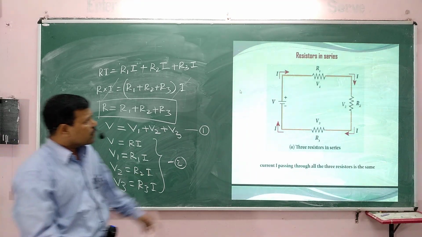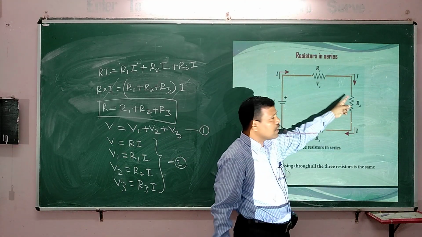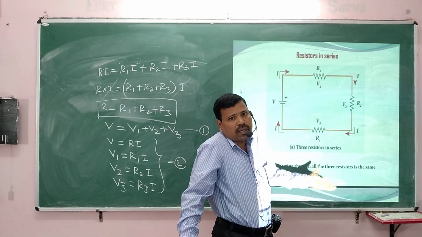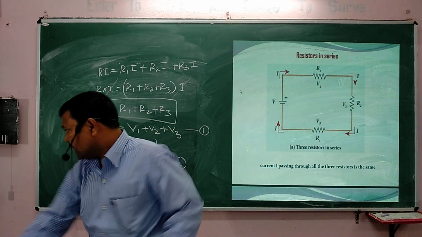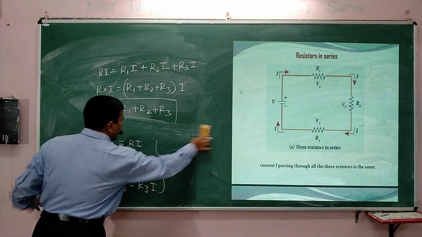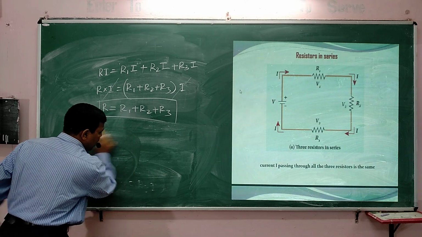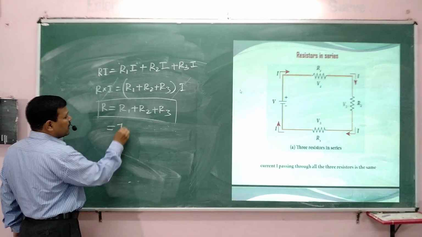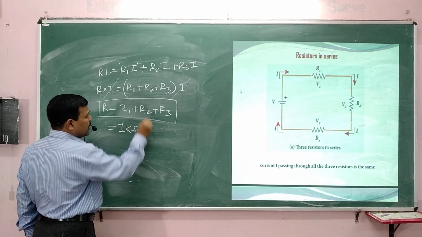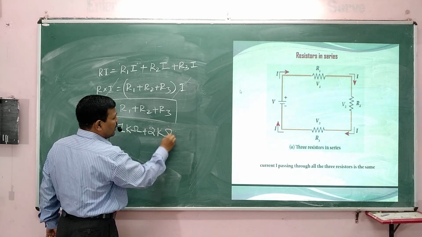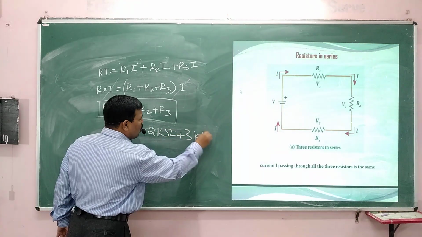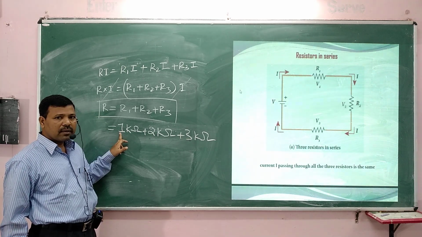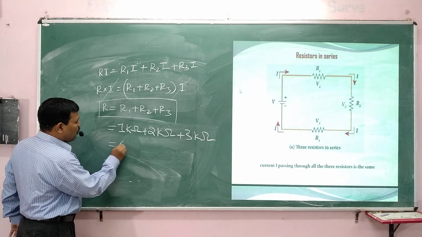Fine. Suppose these values are 1 kilo ohm, 2 kilo ohm, 3 kilo ohm, then how do you find the net resistance? Here it is 1 kilo ohm, here it is 2 kilo ohm, here it is 3 kilo ohm. So 3 plus 2 is 5, 5 plus 1 is 6 kilo ohm.